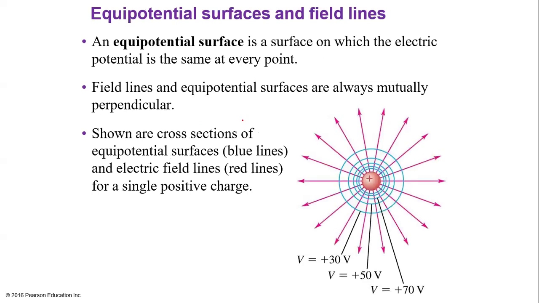We're also going to discuss the equipotential surface. An equipotential surface is a surface in which the electric potential is the same at every point. One thing to remember is that the field lines and an equipotential surface are always mutually perpendicular. Shown here is a cross section of the equipotential surfaces, blue lines, and electric field lines.